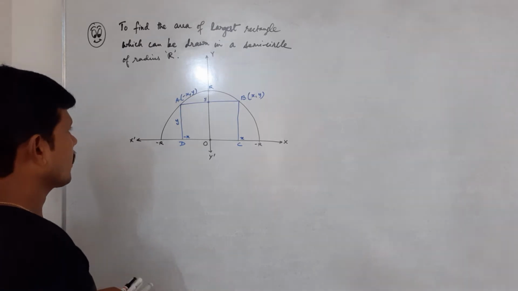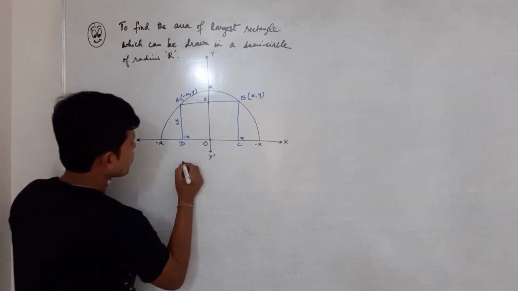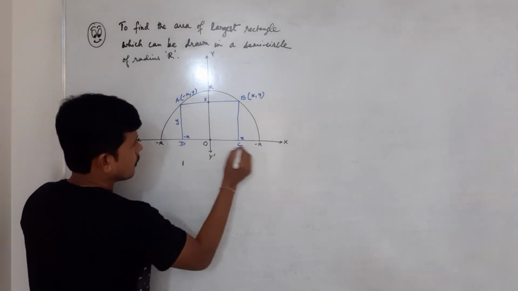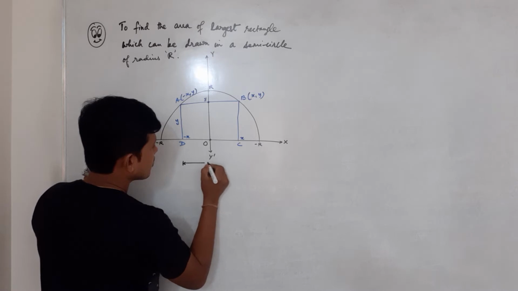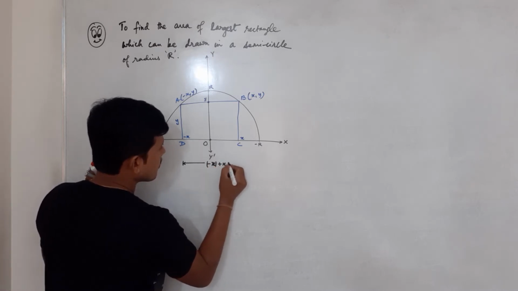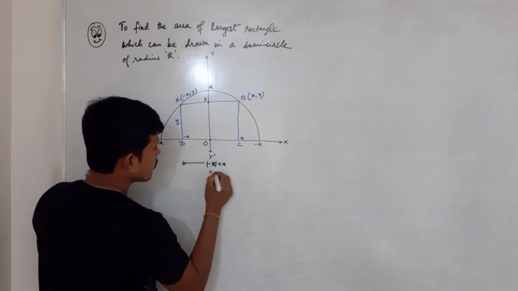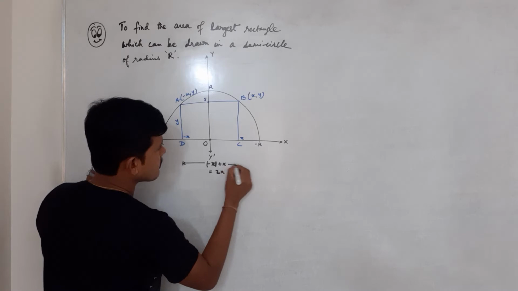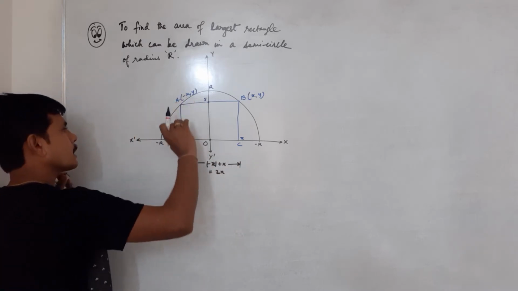Next, what we observe over here is that the length of the rectangle is modulus of x plus x, which is equal to twice x. This is the length of the rectangle, and the breadth of the rectangle is y.